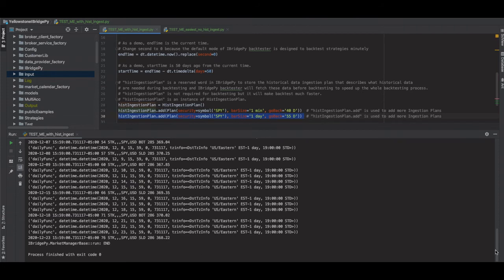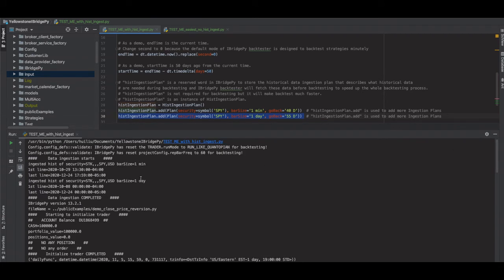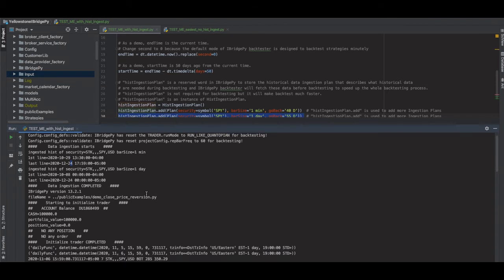Let's review the testing here. In the data ingestion, the ingested historical data of SPY has a bar size of 1 minute. The first line is October 29th and the last line is December 24th. Our first simulation is November 5th, which means the minute bar data already covers this time.